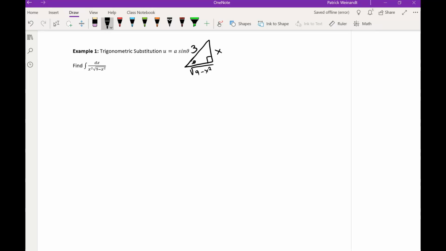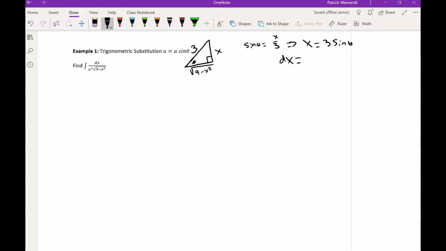The thing that involves the opposite and the hypotenuse is sine theta. So sine theta equals x over 3, which implies x equals 3 times sine theta. Now we're substituting all the x's out. We want to substitute the dx's out as well. So what is dx going to be if x equals 3 times sine theta?